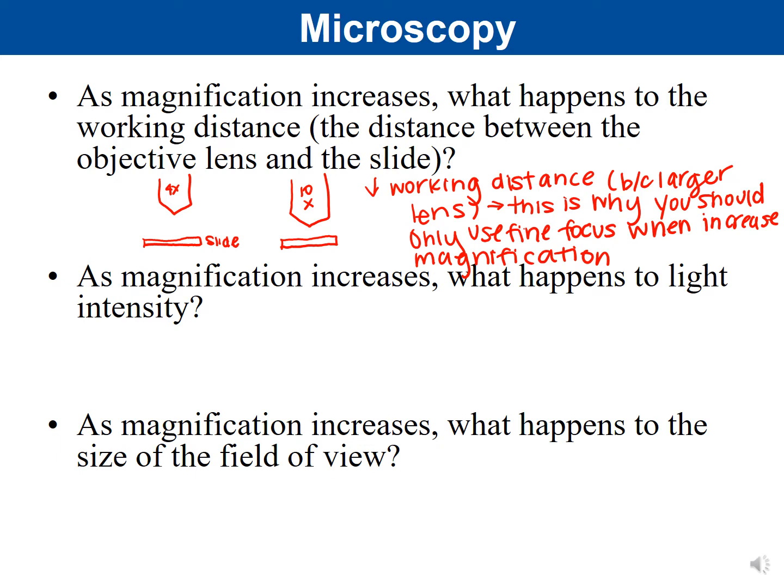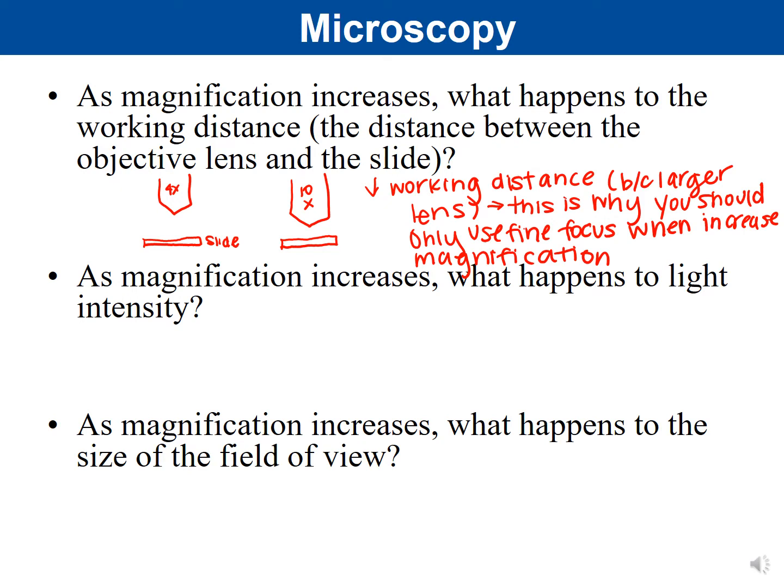And if you accidentally use the coarse focus, and you move the slide and the stage more rapidly, you risk possibly snapping the slide, or even worse, snapping the lens if the two get too close, especially if you're using an oil immersion lens. So because our working distance gets smaller, because that distance gets smaller, we only want to use the fine focus when we go up in magnification.